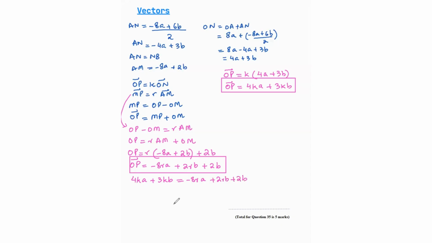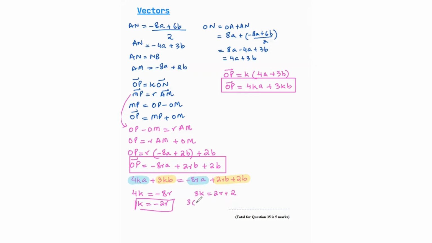Since they're both the same, the coefficients of a are going to equal each other. So if we color code this, this is going to equal this, and this is going to equal this. So 4k equals negative 8r, k equals negative 2r, and 3k equals 2r plus 2.